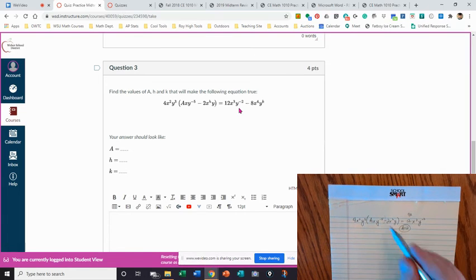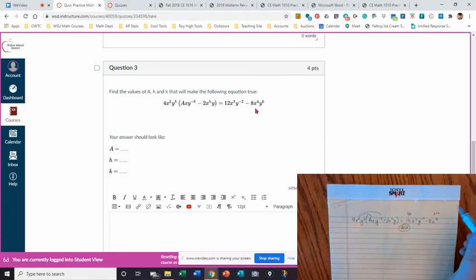Okay, cool. And I distribute that through. 4 times -2 makes -8. X squared times x to the h, well, I'm going to add 2 plus h. And I know from the right side it's going to give me 4, right? So 2 plus h, so h is 2. 2 plus 2 gives me 4.